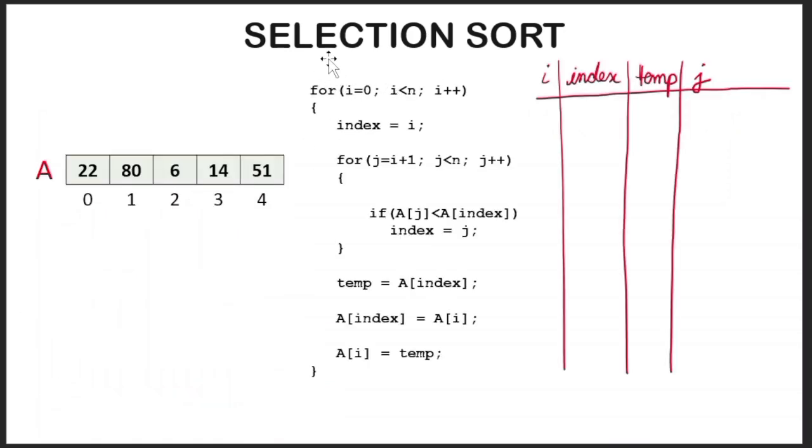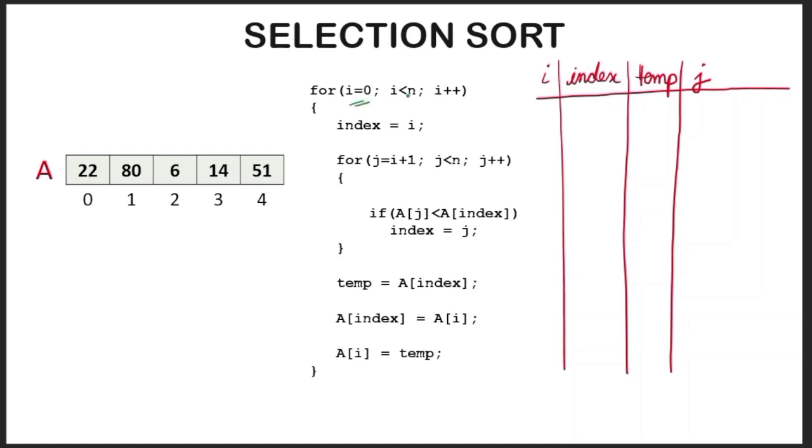Now we can see a small code snippet of the selection sort algorithm. We will take the same example array, and here we have variables i, j, index and temp.